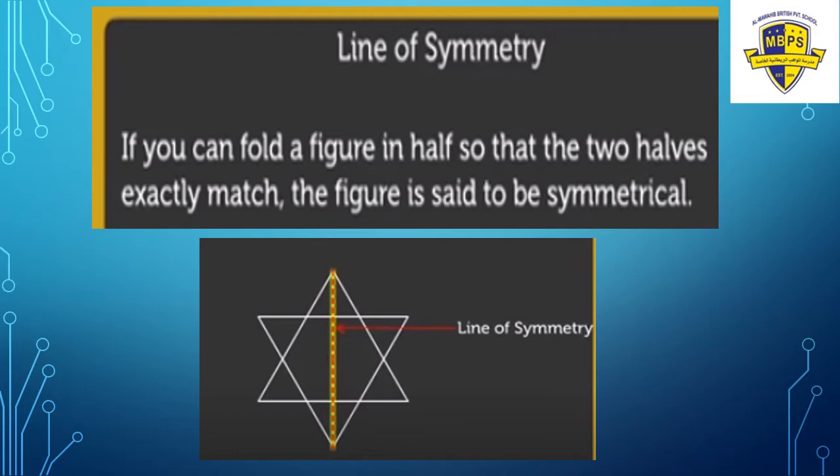Now if you look at the picture of the star, there is a line of symmetry, and if you see both the sides, they are mirror images. So if you can fold a figure in half so that the two halves exactly match, then the figure is said to be symmetrical. When the two halves are the same, the figure is said to be symmetrical.